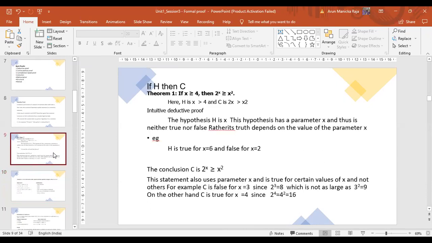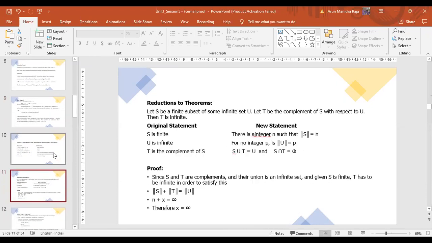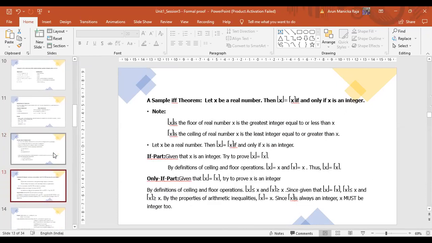We have seen this theorem yesterday. Here only we have stopped, right? This is the theorem which says: let x be a real number, ceiling of x equals floor of x if and only if x is an integer.